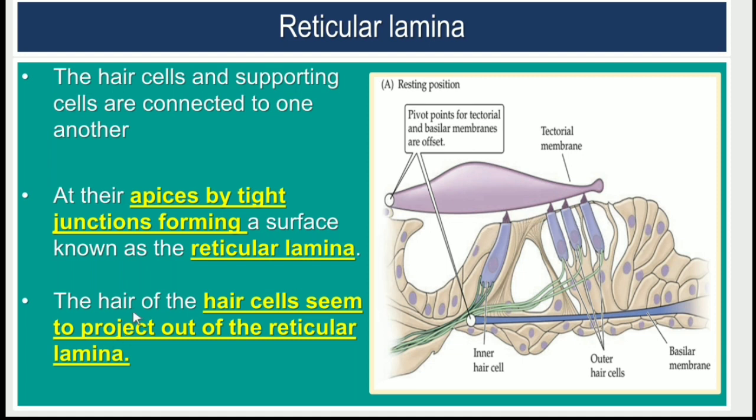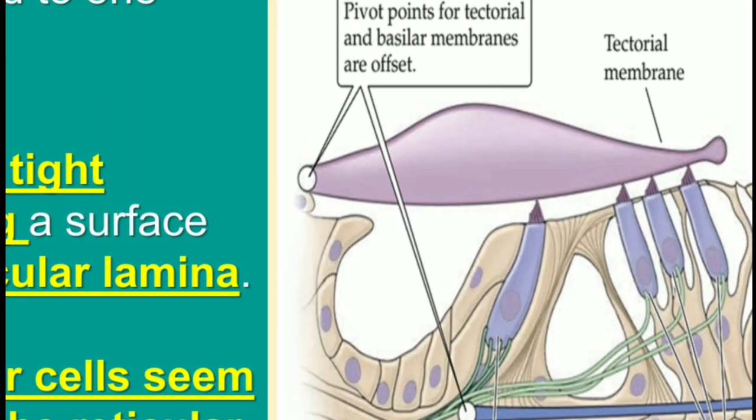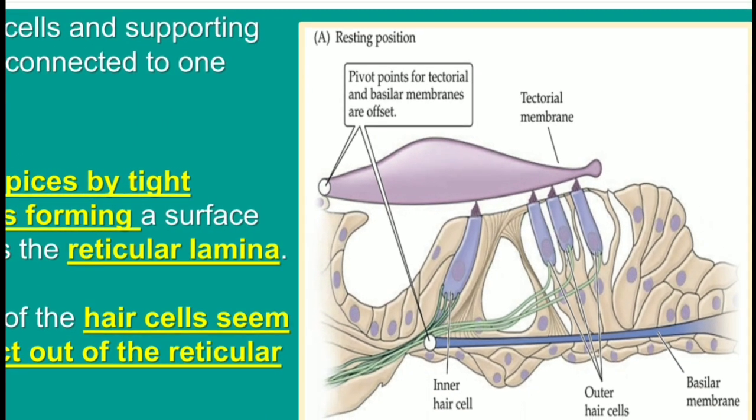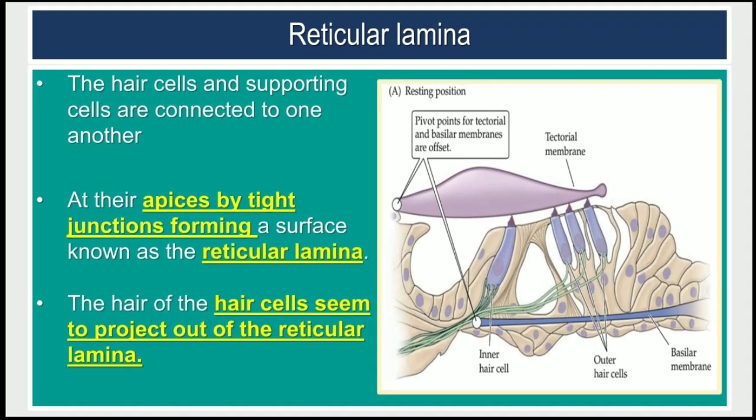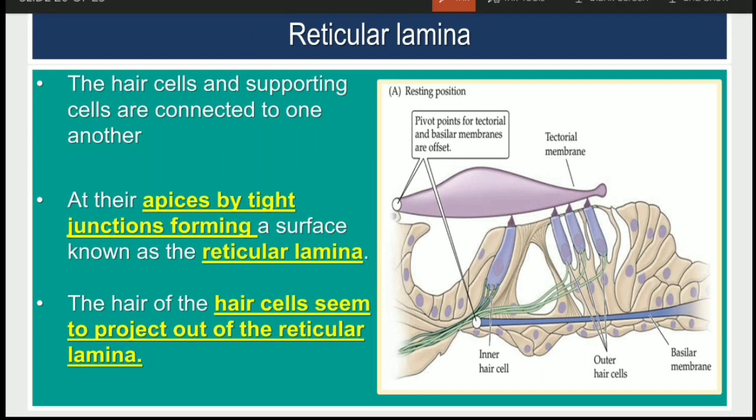The hairs of the hair cells are projected out. These are the hairs of the hair cells, and they are projected out from the reticular lamina. You can see here they are projected out.